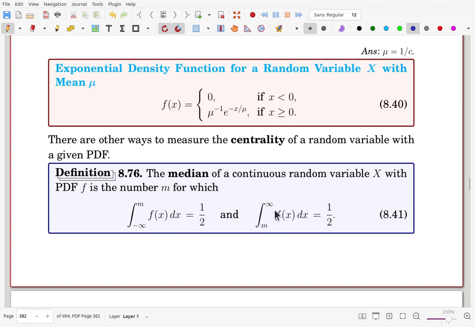Either one can be used to find m. That is called the median, the center of the whole events. It's different from the mean.